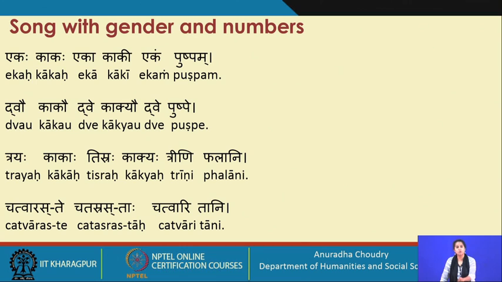And the neuter pushpam becomes, I've taken another word which is phalam, becomes phalani. And in the fourth line you have chatvarah te. Te is the plural pronoun. So sah becomes te. Chatasrah tah in the feminine and chatvari tani in the neuter. Don't worry your head too much about this because we will look at them in greater detail in the coming session. So what is important to do in this song is let's look at the wordings and also sing along with me.